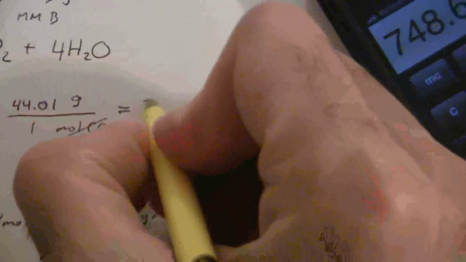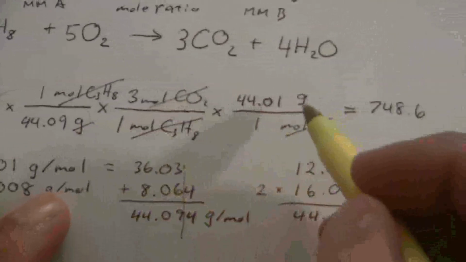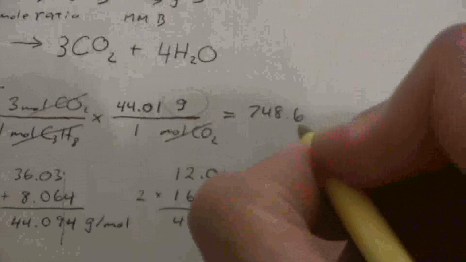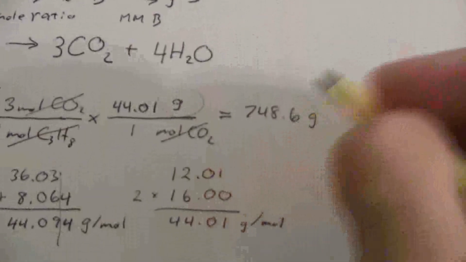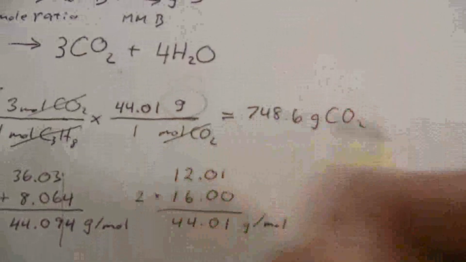748.6. What are the units? Well, everything has canceled out except grams. So this is grams of the carbon dioxide that we had.